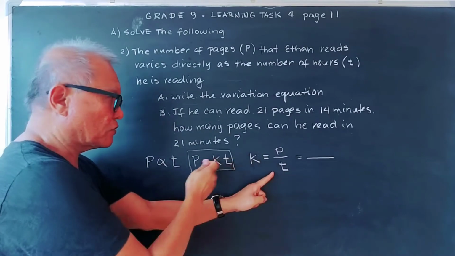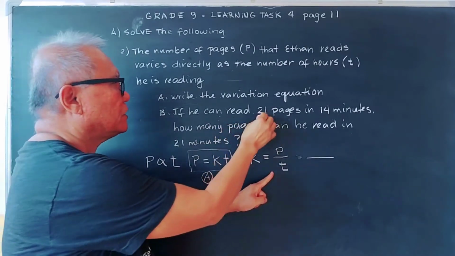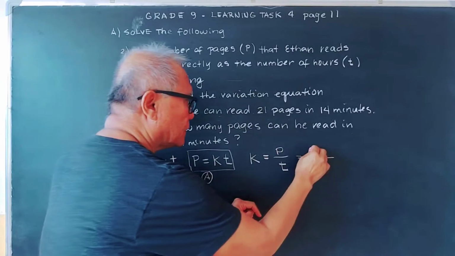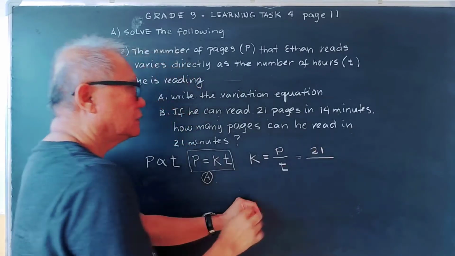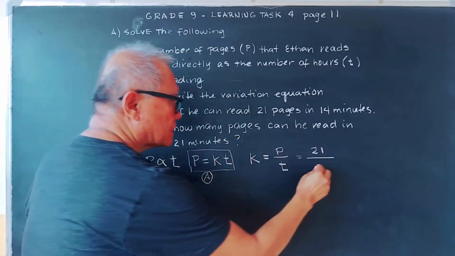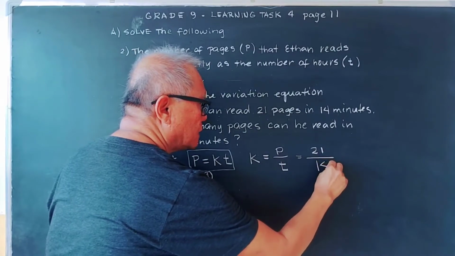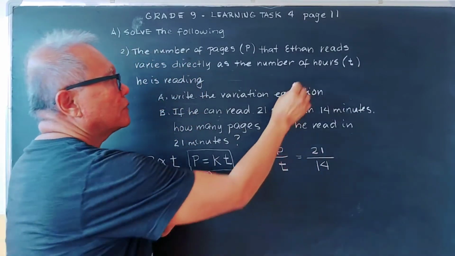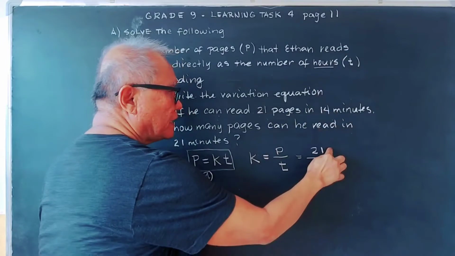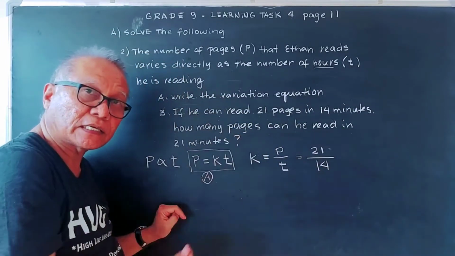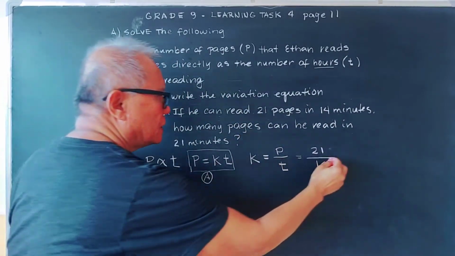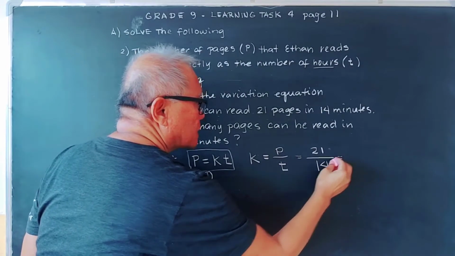Nandito na tayo sa B. Magsosolve na tayo ng B. 21 pages. Sa P, ang 21. In 14 minutes. 14 minutes. Walang problema dun sa hours na yun kasi minutes at minutes cancel. So, wala na siyang unit. So, this one is by 7.